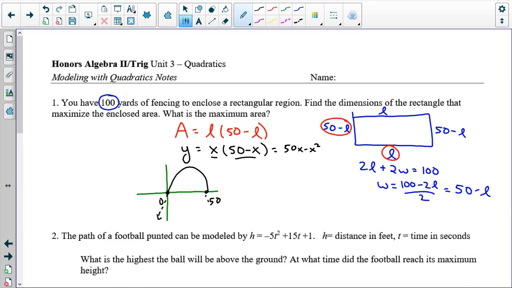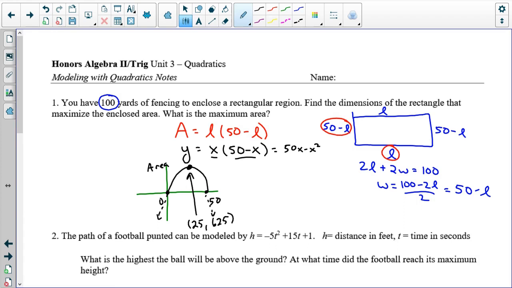Everything that's underneath the axis doesn't make any sense in the problem because I can't have a negative area since y is actually representing area. So my maximum area is going to be between the two intercepts at x equals 25. So I take 25 and I substitute it in, and I get 625.